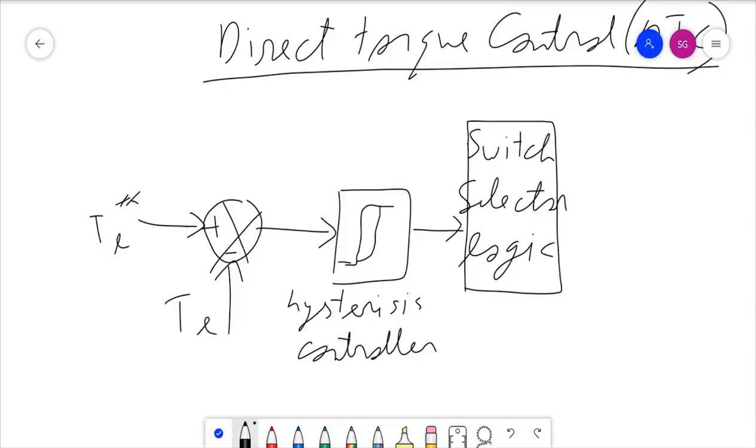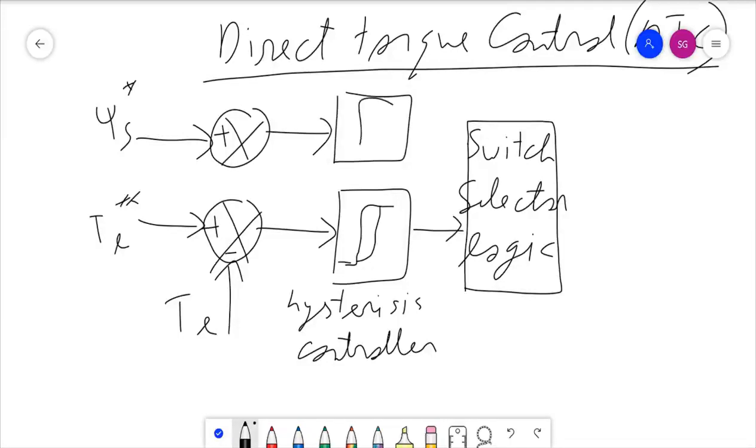And there is also the reference stator flux linkage, which is controlled, and this is also a hysteresis controller, and this goes to switch selector logic.